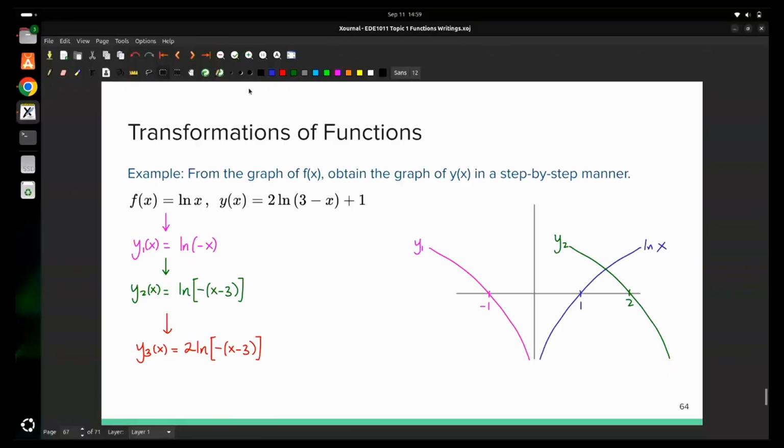So this is exactly what I'll be doing here, which is just to take the graph and stretch it. So when I stretch, certainly the x-intercept has no change. Roughly 2 times, maybe not very accurate, but you get the idea. This is y3.